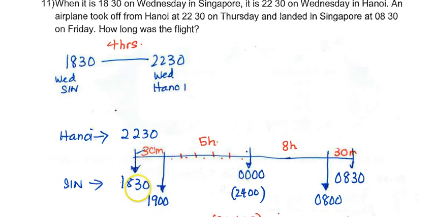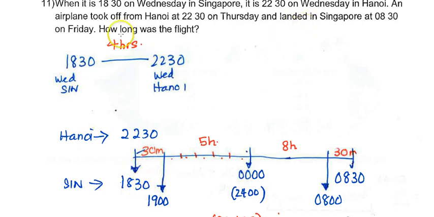Now something interesting is we just ignore Hanoi's time because the answer we need to find out is from here. Okay, right? Find out from here is on Thursday, this time, it means we have to convert to Singapore's time. Singapore time is 18:30, right?